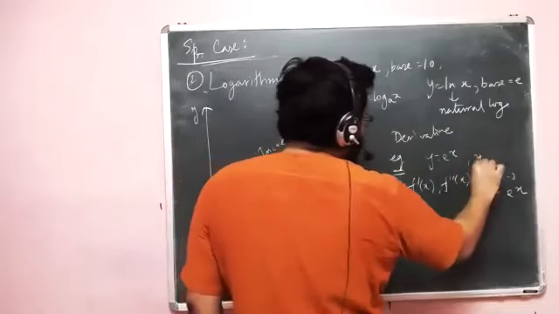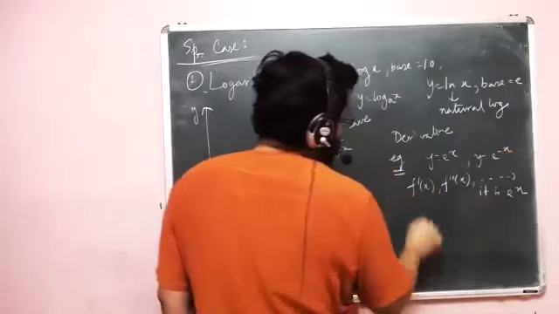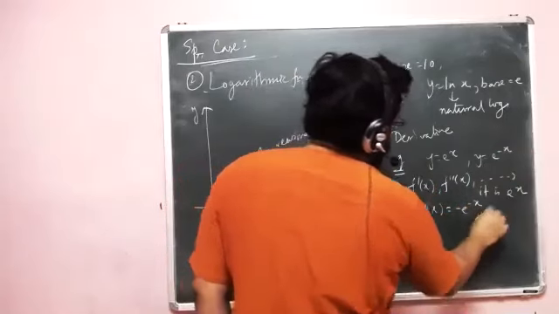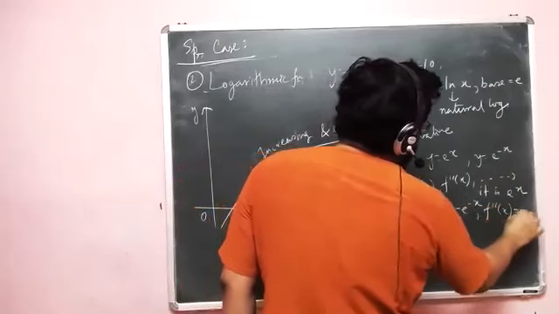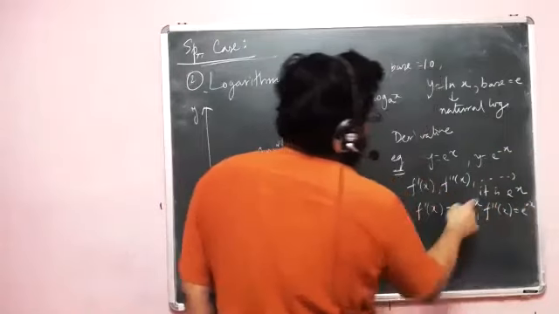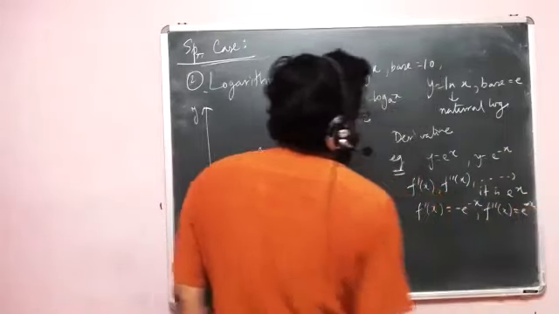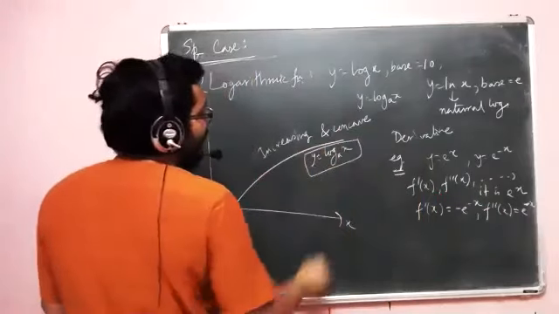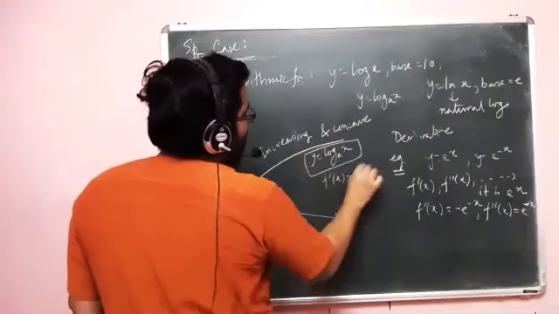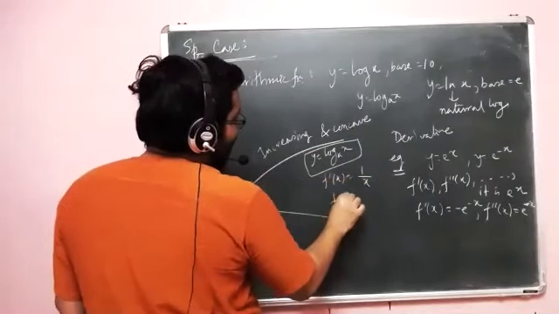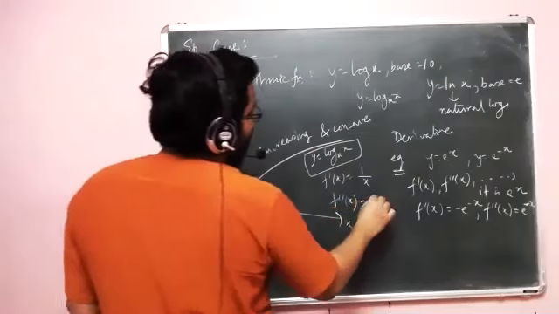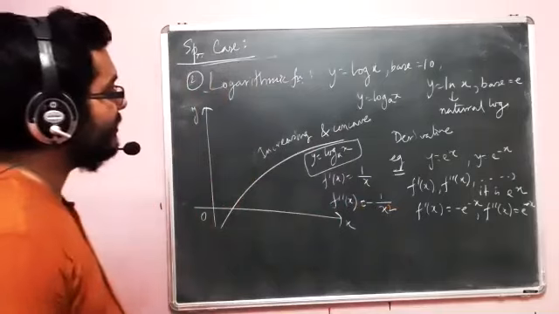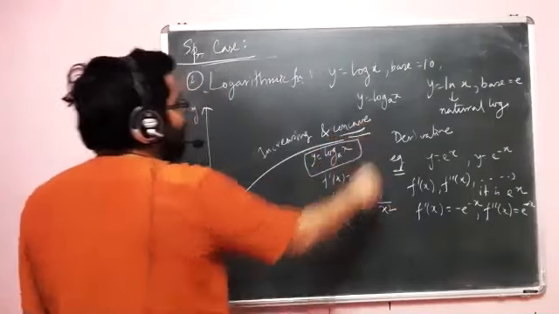For e to the power minus x, however, we have the interesting phenomenon of f dash x becoming minus e to the power minus x, and then again f double dash x becoming e to the power minus x, as this minus will cancel out. It will go on like this. For this one, we have f dash x as 1 by x, and f double dash x as minus 1 by x square, which tells me that definitely it's a concave function.